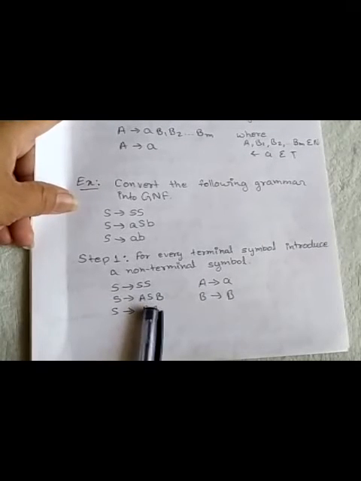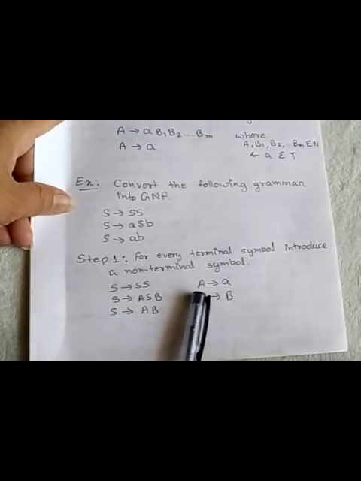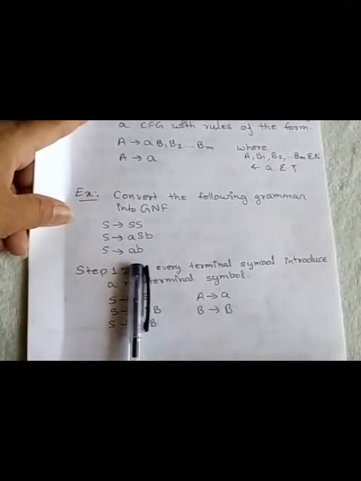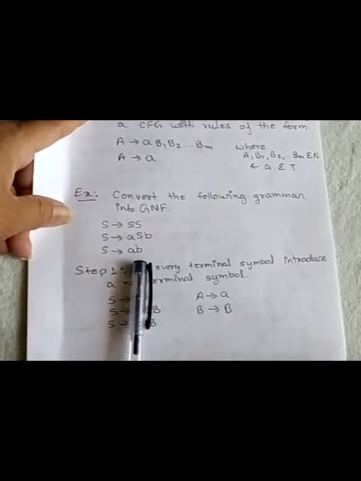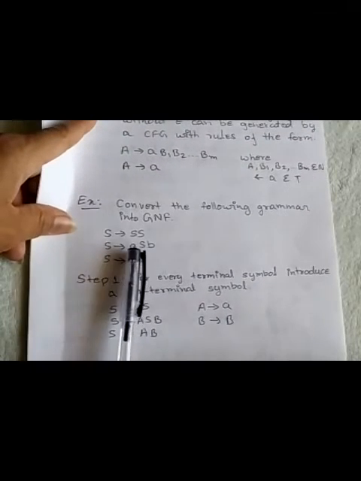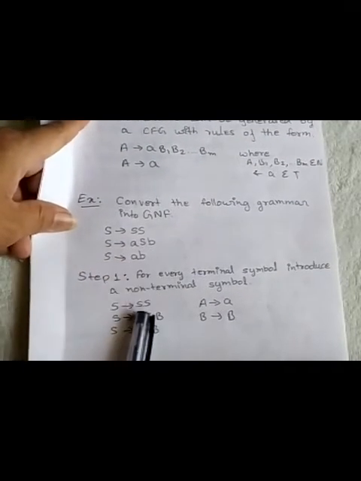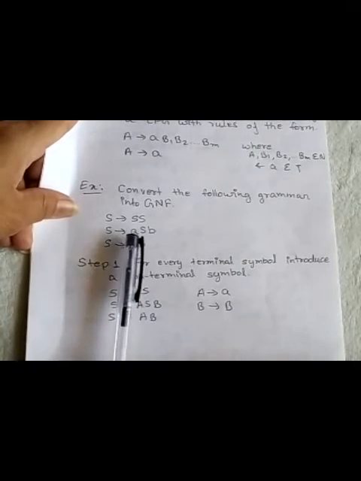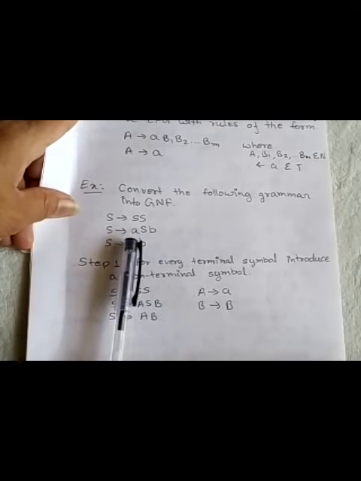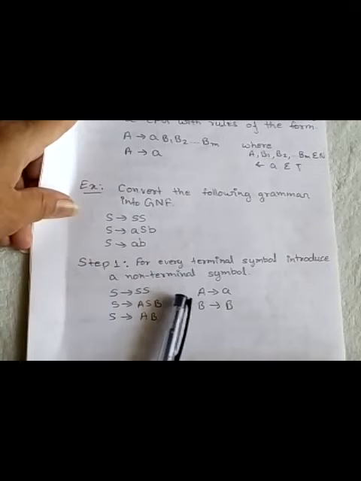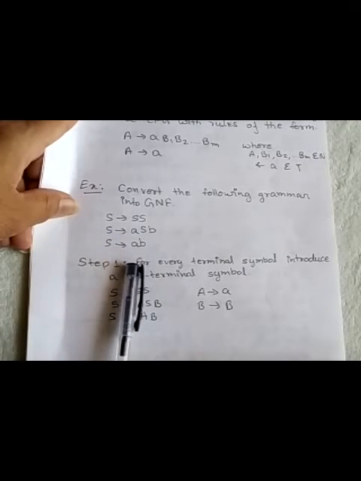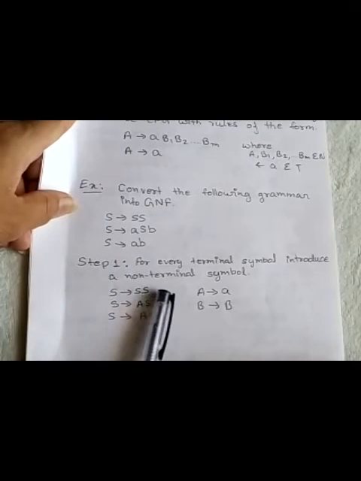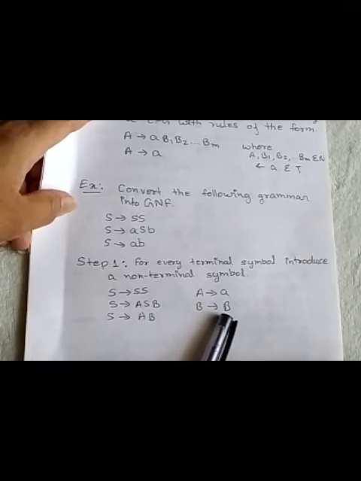So here, suppose we introduce capital A for small a and capital B for small b, and when we replace the values, this rule will become this, right? We have introduced capital A for small a and capital B non-terminal for small b. Now the grammar will become like this.